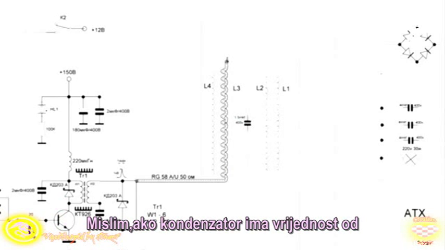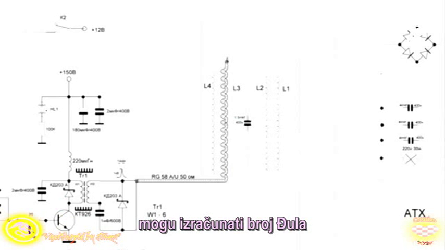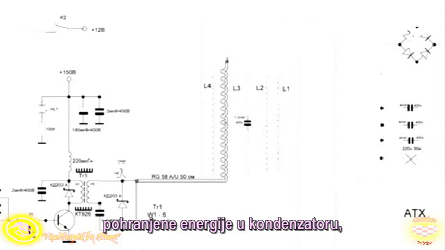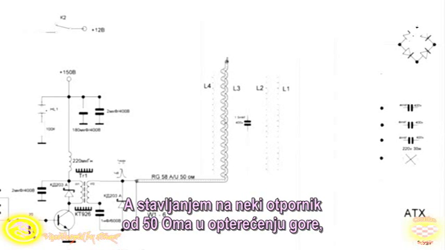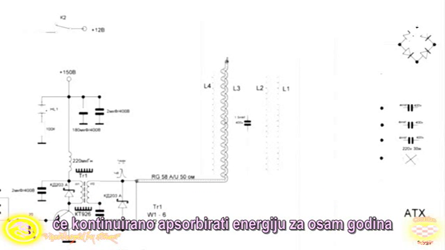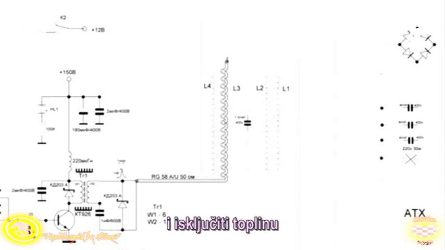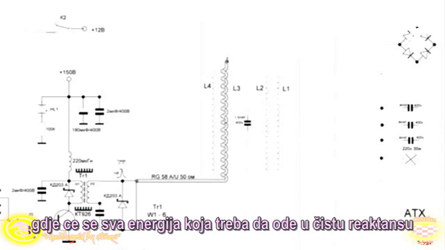I mean, if the capacitor has got, let me pick a number, 50 picofarad, and I put 50 volts on it, 1/2 CV squared, I can calculate the number of joules of stored energy in the capacitor as a one-time event. But if I'm putting a 50 ohm dummy load out there, and I run the transmitter for a year, that dummy load of 50 ohms will continuously absorb that energy for a year and turn it into heat. That capacitor at the end, maybe you could put some energy in there for a fraction of a second, but where's the energy going to go?